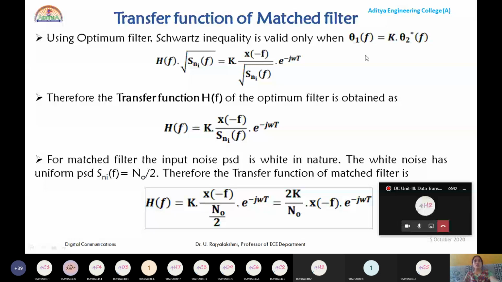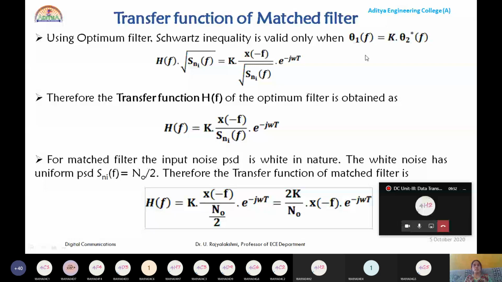So h of f is the response of the particular matched filter in the frequency domain. In the time domain, if you want, you can use the impulse response. So impulse response small h of t is the inverse Fourier transform of the transfer function. So what is the relation between them? h of t is equal to the inverse Fourier transform of h of f.